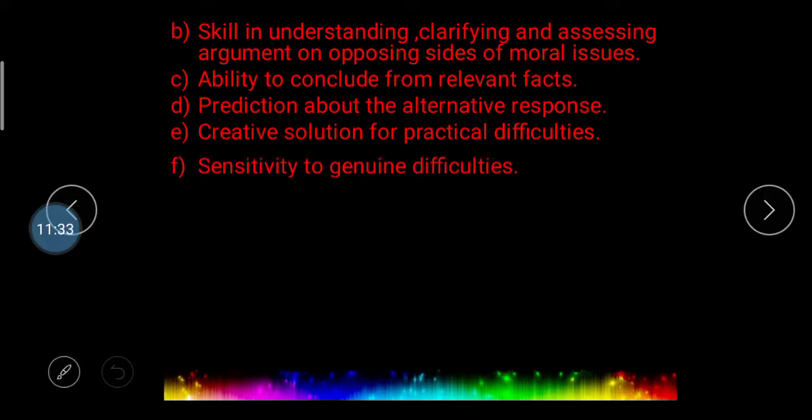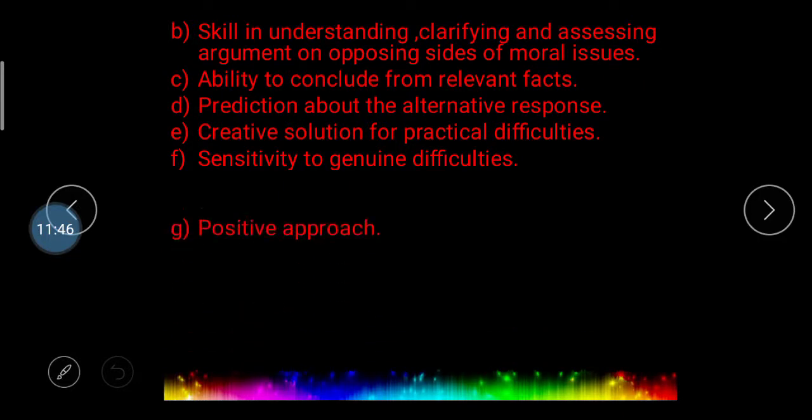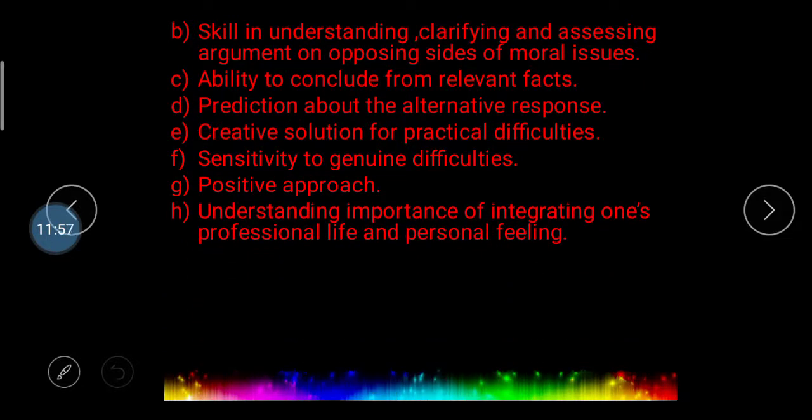Then after, sensitivity to genuine difficulty. If any genuine difficulties are faced, then you should not be very rude in your field. You can also work as a human being. Then after, positive approach. Whenever you take any decision, your approach should always be positive. Then after, understanding the importance of integrating professional lives and personal feelings.